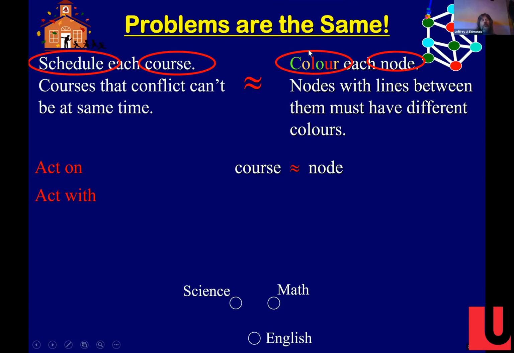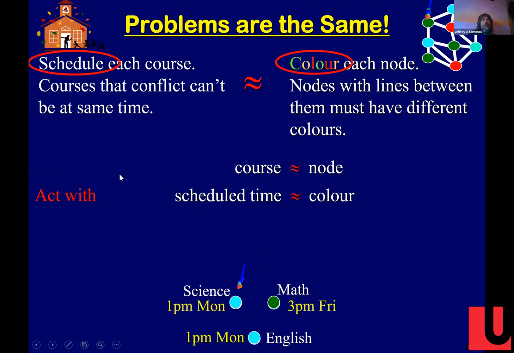All right, and now, what are we allocating with? Well, that's the time slot. We want to allocate to every course a time slot, and to every node, we want to allocate a color. So there's a connection between time slots and colors.